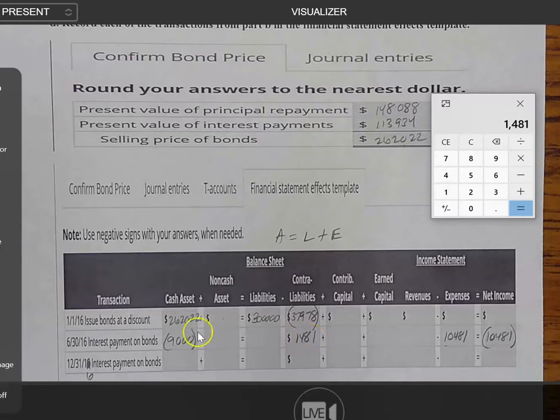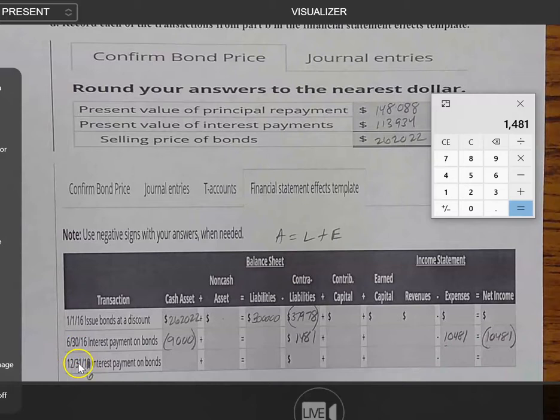Our carrying amount is no longer 262,022. It's that figure plus 1,481. All right, and we're going to need to know that in order for us to handle the rest of this exercise. So that's everything that we have to do, these items here, for this June 30th date.